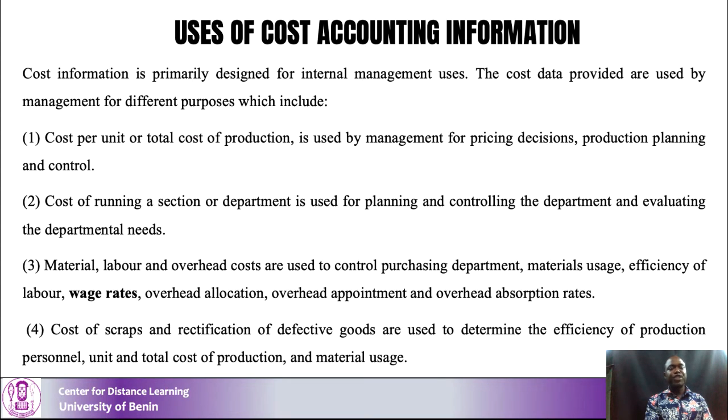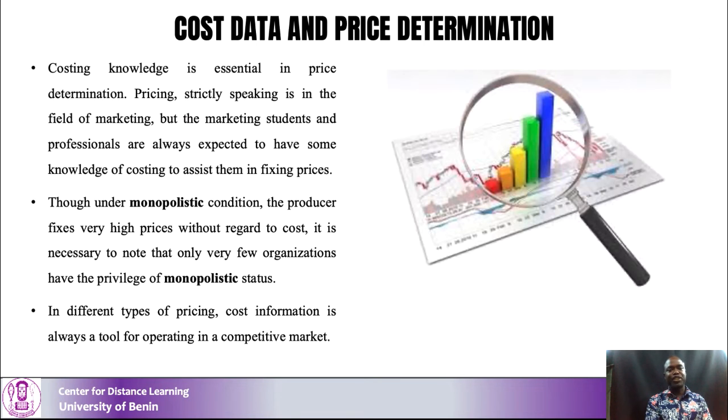The cost of running a section or department for planning is also provided by cost accounting information. Material, labor, and overhead costs are used to control purchasing department material usage and efficiency. The cost of scrap and rectification of defective goods are used to determine the efficiency of production personnel, unit and total cost of production and material usage.